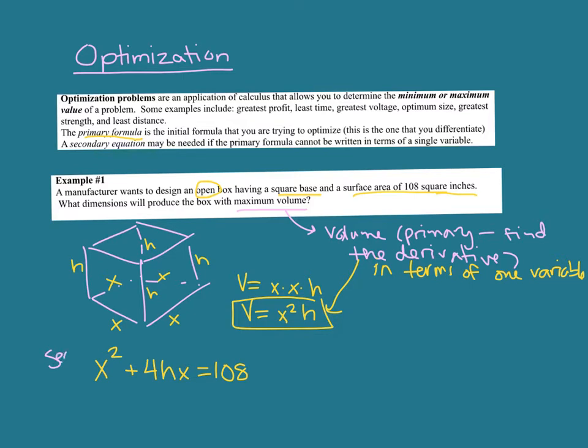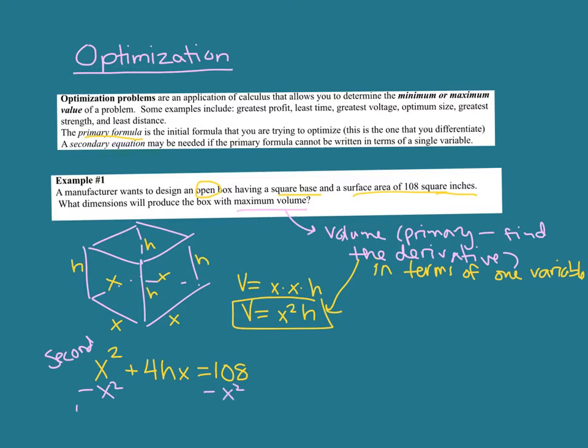The purpose of the secondary equation is to get your primary in terms of only 1 variable. You get a V equals and then 1 variable. So you're going to want to solve for whatever variable is easiest to solve for. If you try to solve for x, it's pretty challenging. So we're going to go ahead and solve this for h.